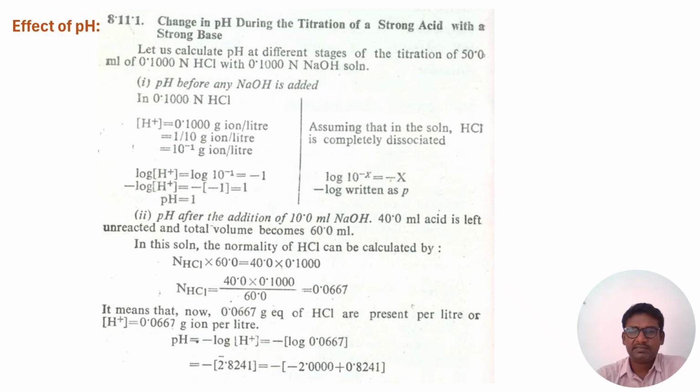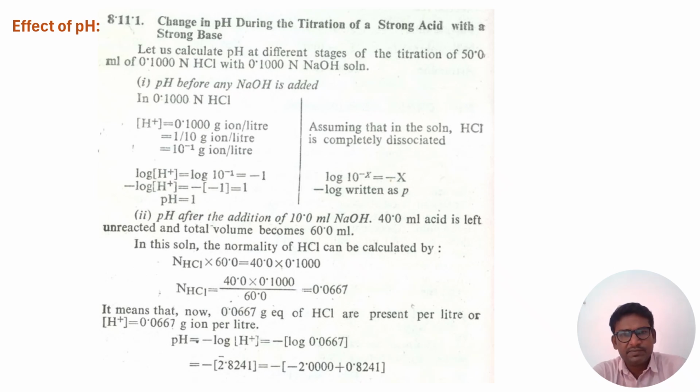Now let us try to understand the change in the pH during the titration of organic acid with a strong base. How the pH changes, that's called the effect of pH basically. Let us calculate pH at different stages of titration of 50 ml of 0.1 normal HCl with 0.1 normal sodium hydroxide solution.